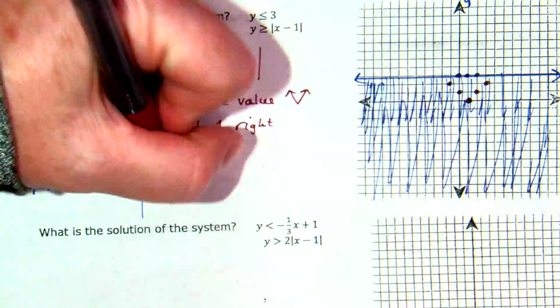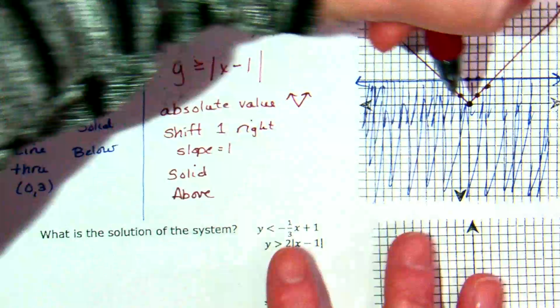So solid V, shading above, which in this particular case ends up putting us in the V. Did you show me your solution?